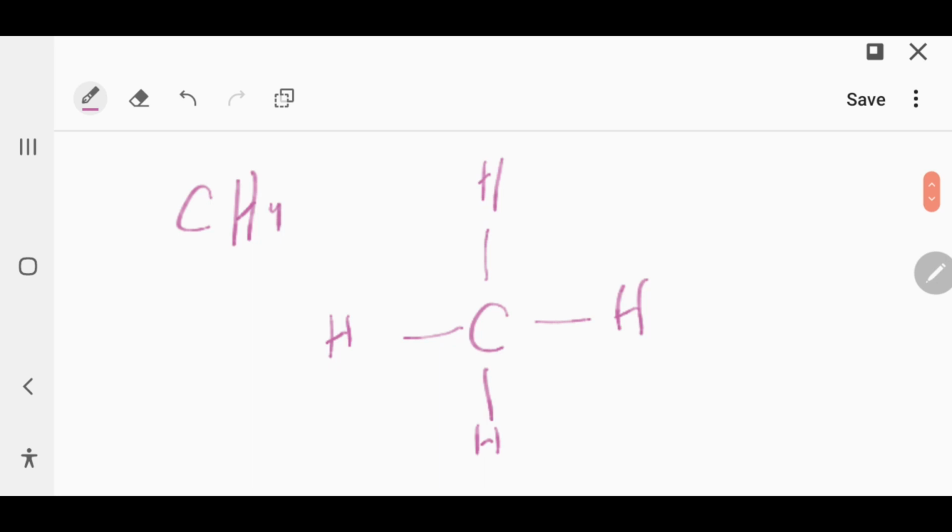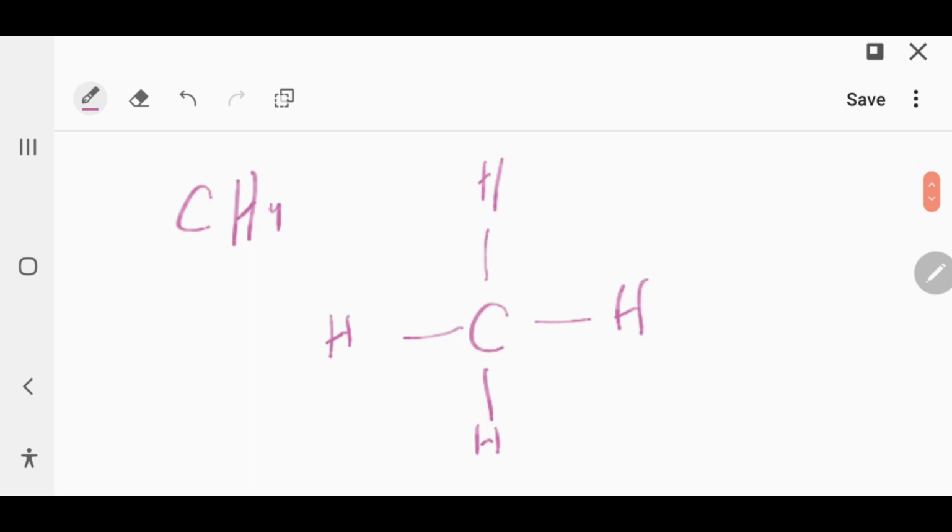But when we talk about the 3 dimensions, it will be something different. Because as you can see here, the angle between electrons here is 90 degree, and here it's also the same 90 degree and 90 degree and 90 degree.